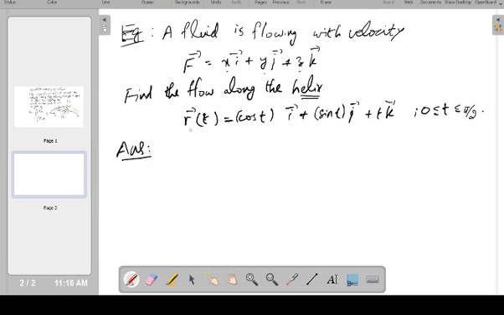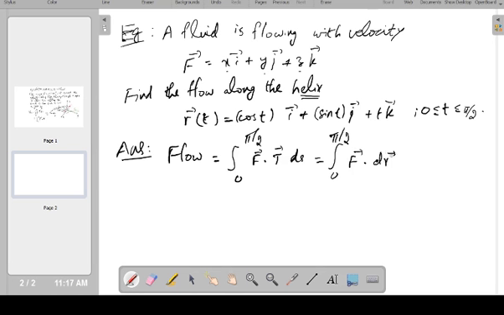So the answer. Flow equal to integral 0 to pi by 2 F dot T ds, so I have to find out vector T. This is also the same as integral 0 to pi by 2 F dot dr. Why is this?